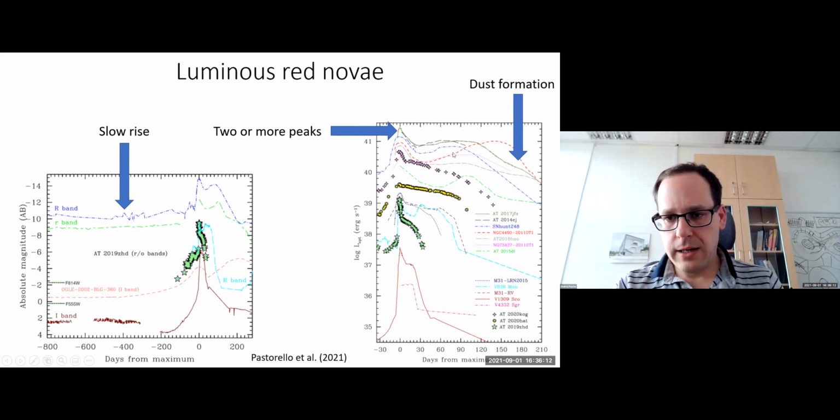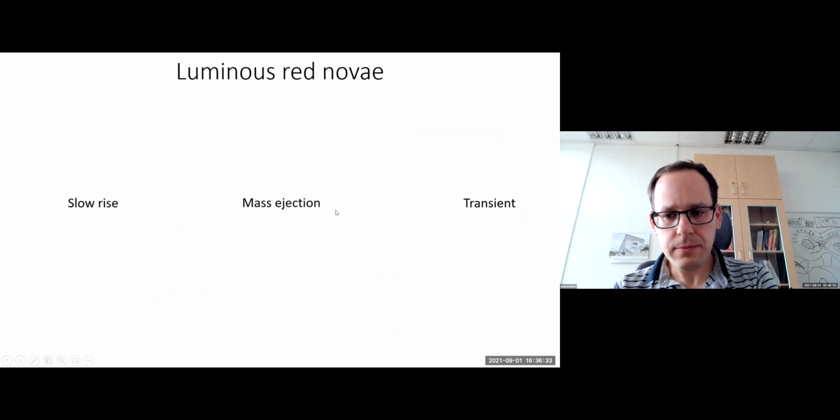Then during the main part of the event, there are often two peaks. One is relatively short and the second is longer, often resembling a plateau, similarly to Type II plateau supernovae. And the final phase is dust formation, which occurs typically a few hundred days after the main peak. So we have three phases of these events that have been investigated separately.